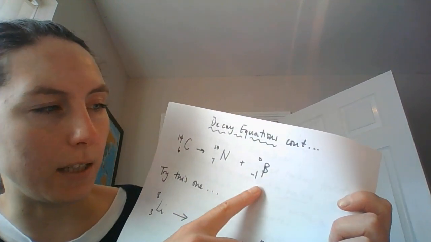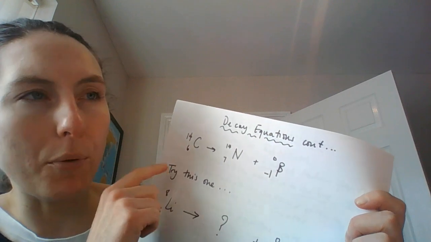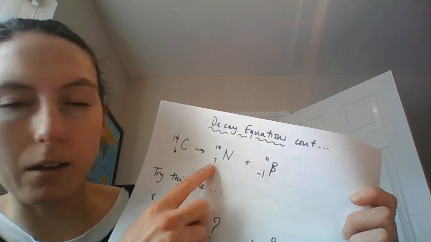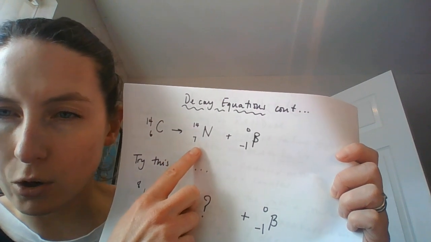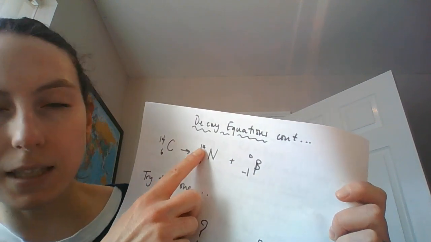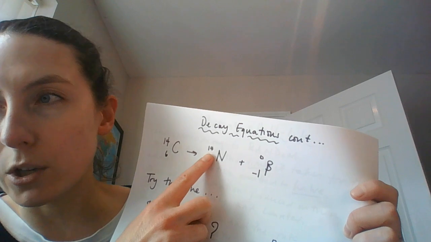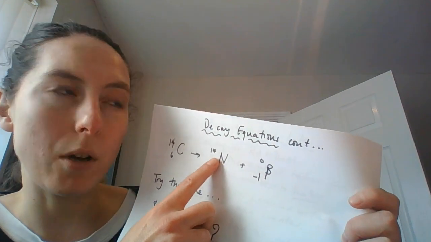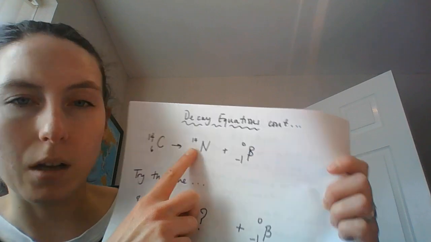The electron is ejected here. So since our proton has been formed from a neutron, our atomic number will increase by 1. The mass number will stay the same because a neutron starts off with a mass of 1, it turns into a proton, that also has a mass of 1.